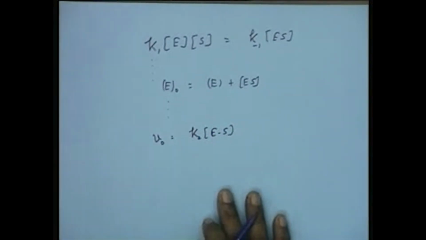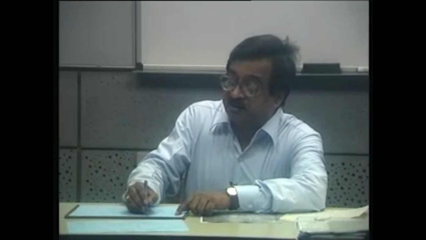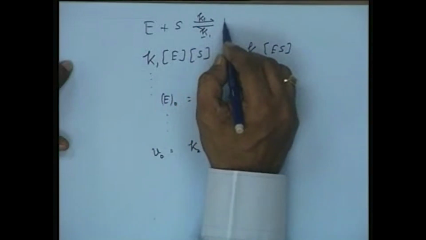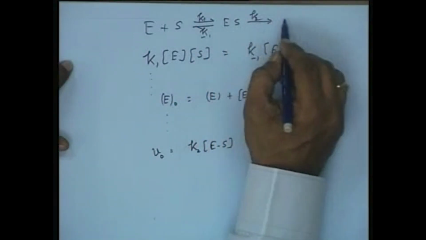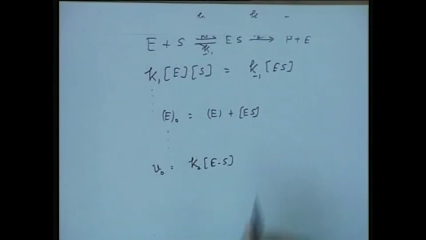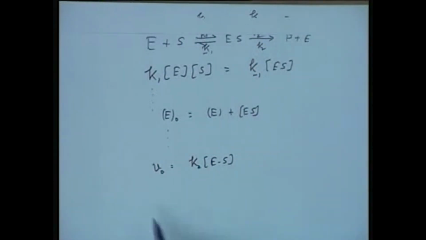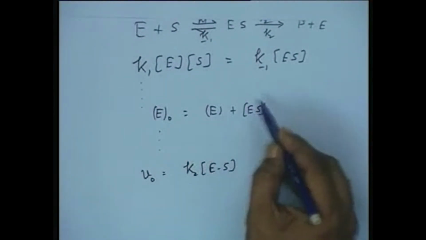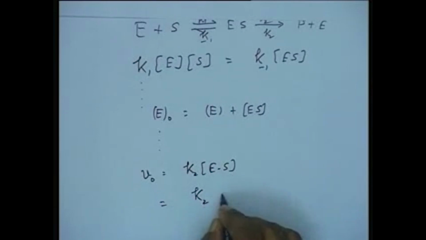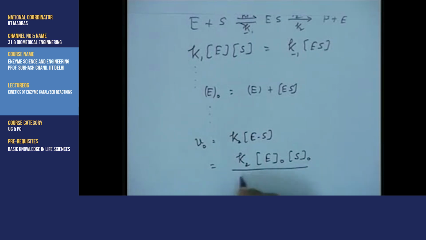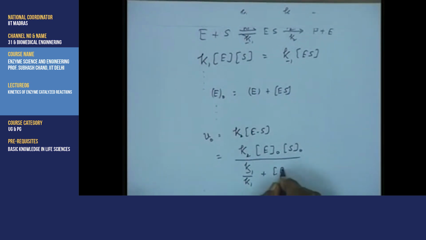If you look at the original mechanistic hypothesis proposed by Michaelis and Menten, ES goes to K2, P plus E. So you can write K2 ES as the initial rate of reaction, on which substituting the various parameters you get K2 E naught S naught upon (K minus 1 upon K1 plus S naught).